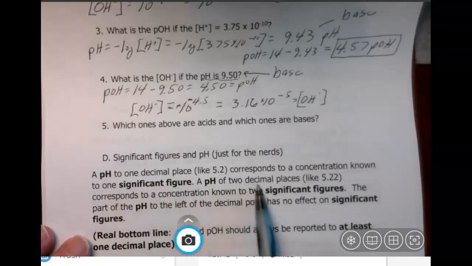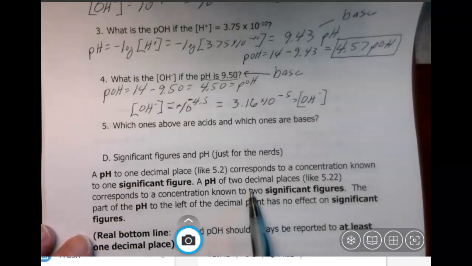A pH of 2 decimal places, like, say, 5.22, corresponds to a concentration with 2 significant figures. So, in other words, the part of the pH that's to the left of the decimal point, like the 5 here, has no effect on significant figures. You just count the decimal places of the pH, and that's how many significant figures your hydrogen ion concentration should have.